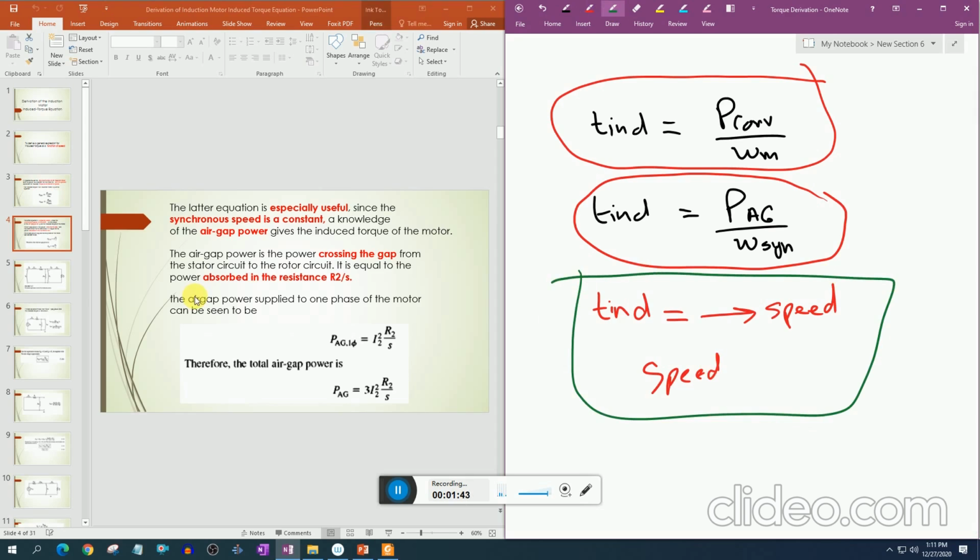The air gap power is the power crossing the gap from the stator circuit to the rotor circuit, and it is equal to the power absorbed in the resistor R2 by S, as we already studied.